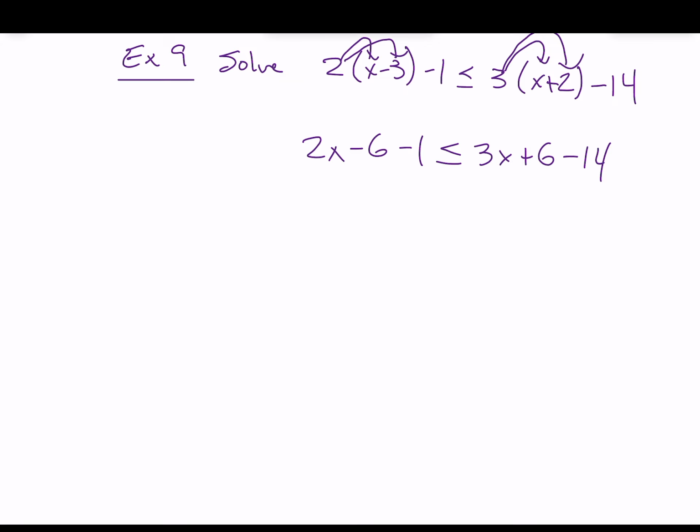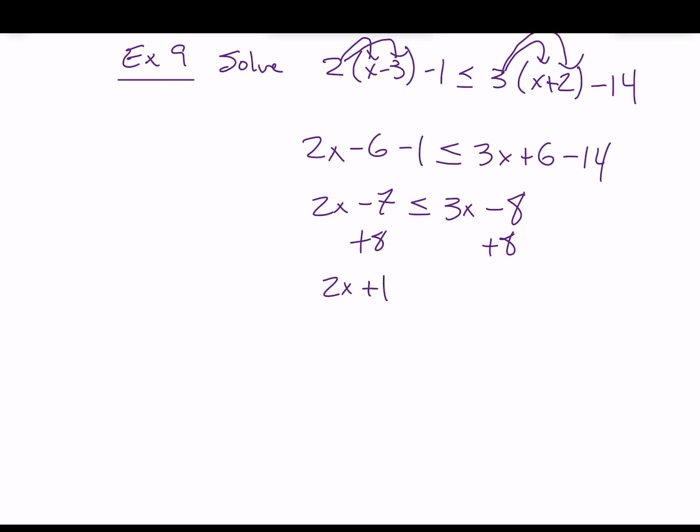Now we can combine like terms on both sides. 2x minus 6 minus 1 is 2x minus 7, less than or equal to 3x plus 6 minus 14 is minus 8. And now we're in a position where we can solve it. We can add 8 to both sides to get rid of the 8 on the right-hand side.